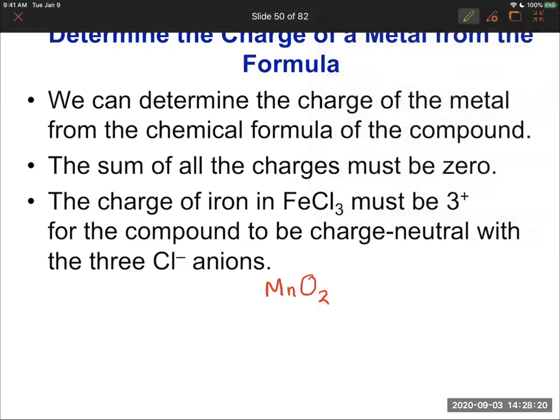I posted a video on this. The overall charge of this compound is 0. What that means is that the charge of manganese and the charge of oxygen has to equal 0. In this case, how many oxygens do you have? 2. What is the charge of oxygen? -2.